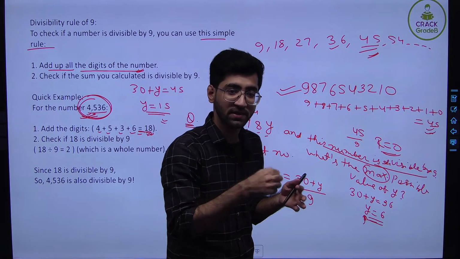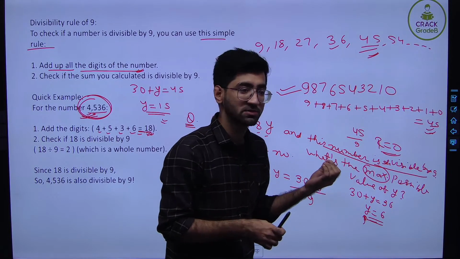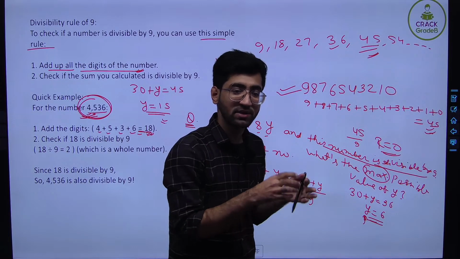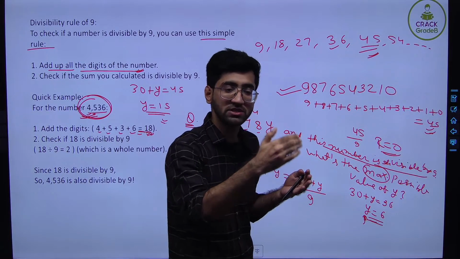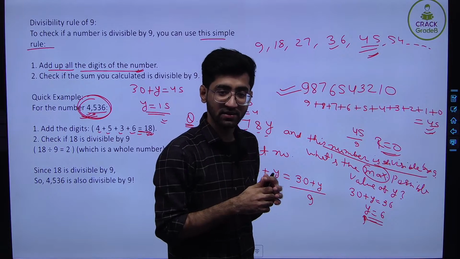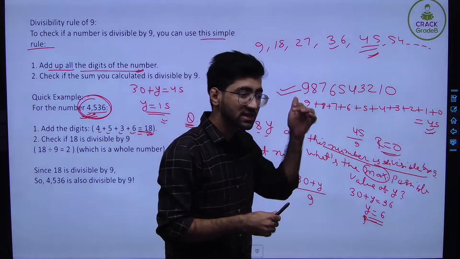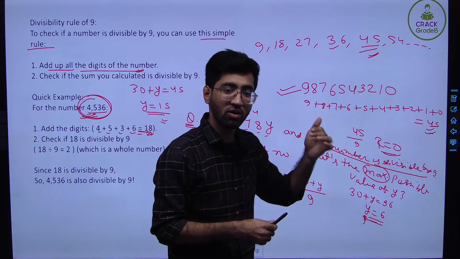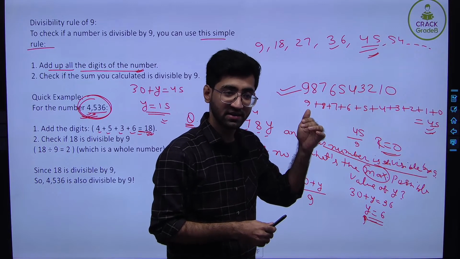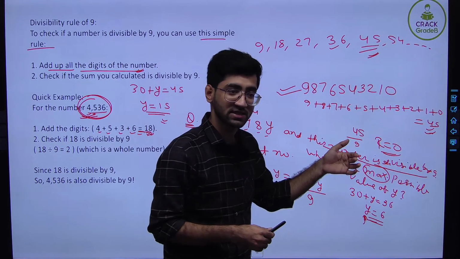Some days they will ask you the minimum possible value, some day the average of all possible values of y, and in some cases the sum of squares of all possible values of y. So there can be multiple questions.